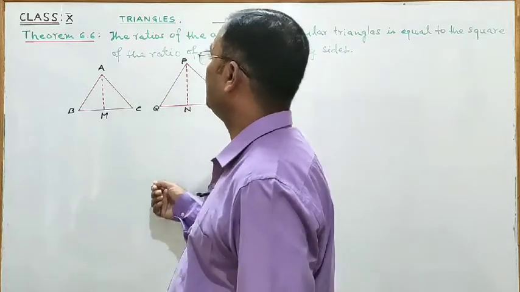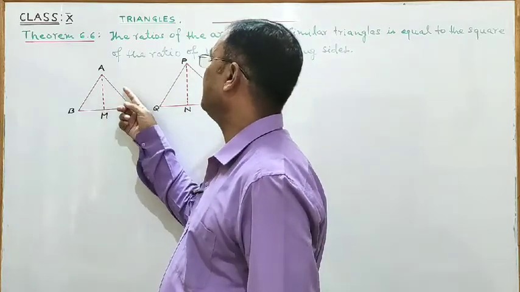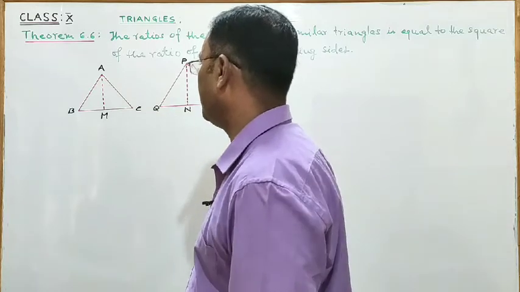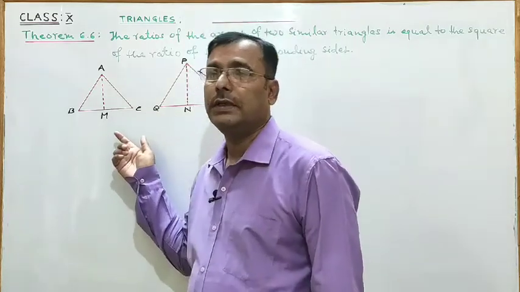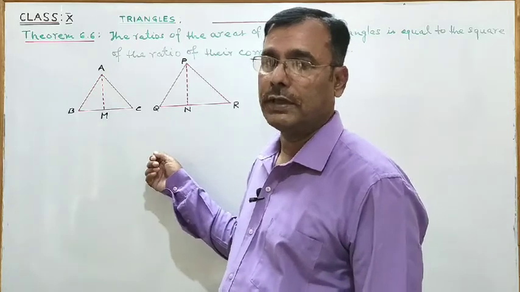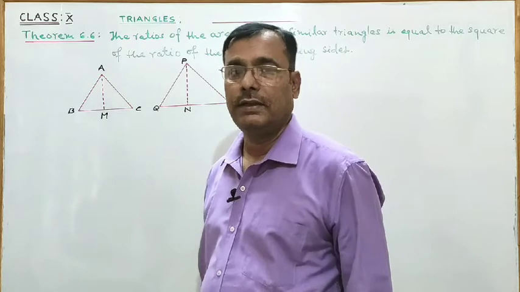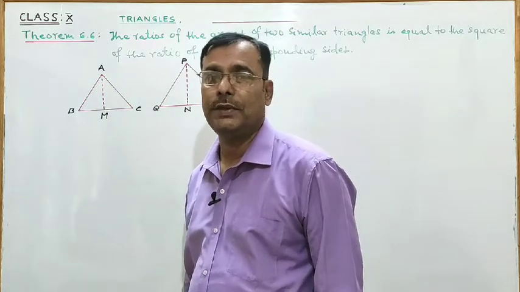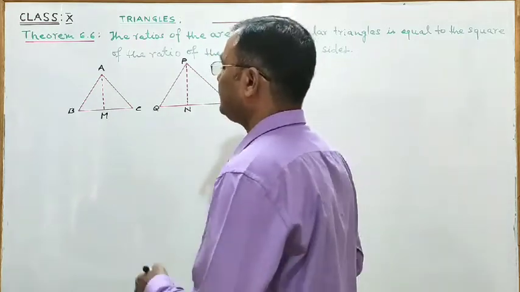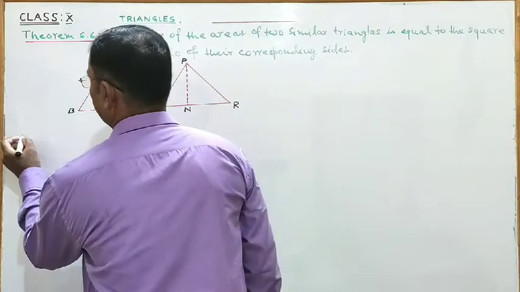That means we have to prove that area of triangle ABC by area of triangle PQR is equal to AB by PQ whole square is equal to BC by QR whole square is equal to AC by PR whole square. So let's write given.